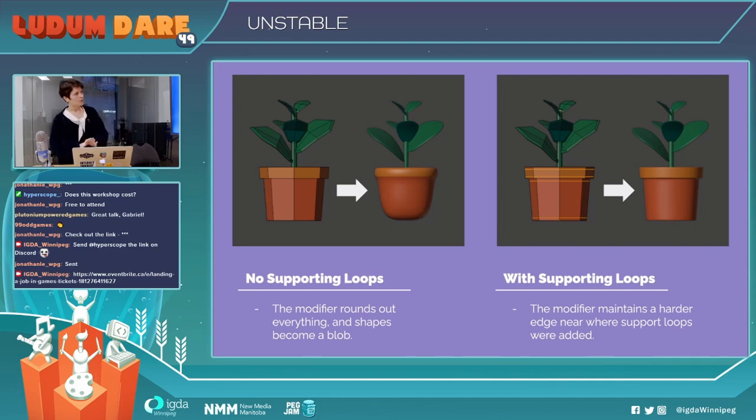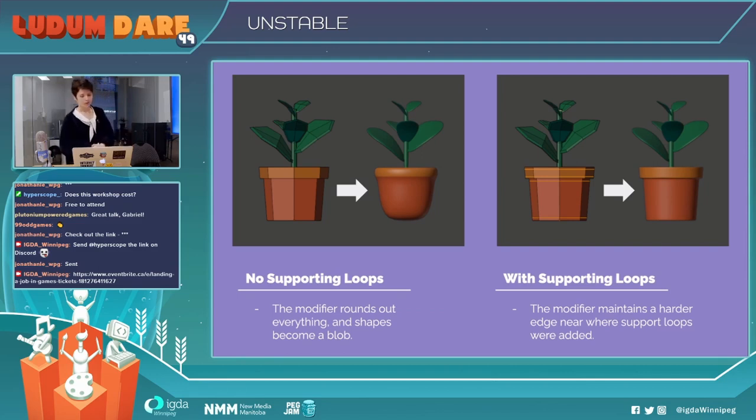Here you see how the modifier is affecting the models. The model on the left is extremely simple and low in geometry, so the modifier rounds out everything. You lose the shape, and the pot becomes like a round blob.